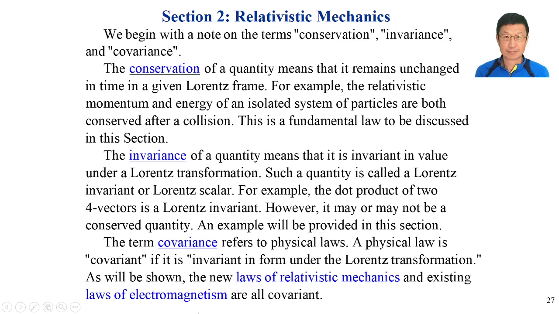That is, the Maxwell equations are covariant, and relativistic mechanics is also covariant if we write it in the new expressions. I will show you that mechanics and electrodynamics are covariant.